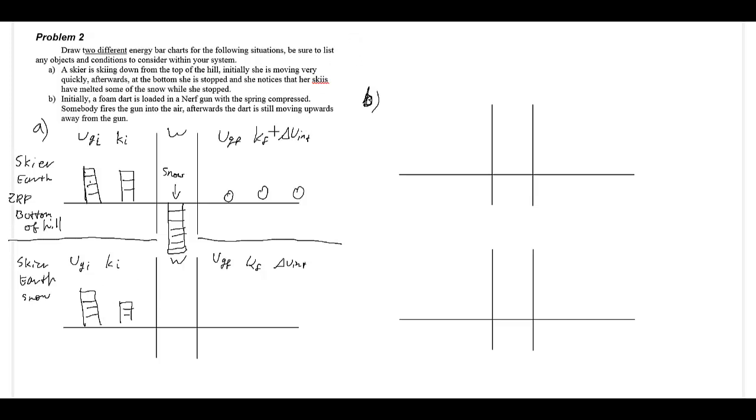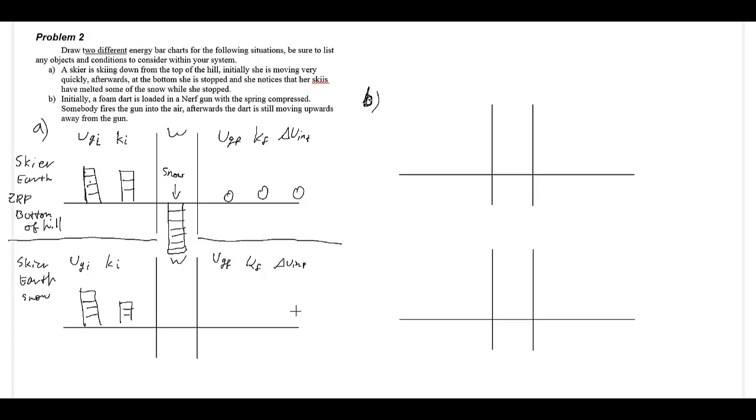Well, remember at the end it says she notices that her skis have melted some of the snow while she stopped. The snow melted because some of the energy from this gravitational and kinetic energy is transferred into the snow in the form of heat energy.